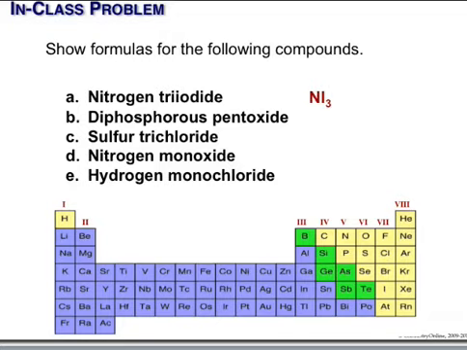We have 2 phosphorus, 5 oxygens, 1 sulfur, 3 chlorines, 1 nitrogen, 1 oxygen, 1 hydrogen, 1 chlorine. This last one is HCl. This is actually hydrochloric acid. We'll see when we get to chapter 8 that there are special rules for naming acids. But right now, hydrogen monochloride works fine.